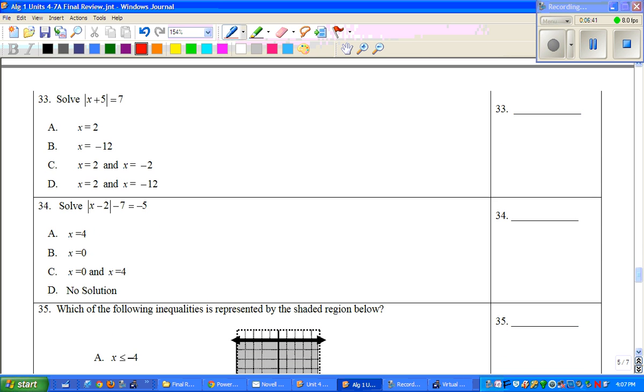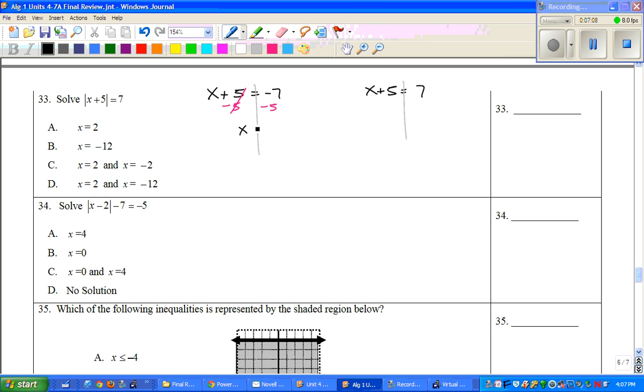Number 33 says to solve the absolute value of x plus 5 equals 7. Okay, so what we have to do here is we've talked about absolute values. They have two answers. It can be a negative or it can be a positive. So we have to solve both of those to figure out what it is.